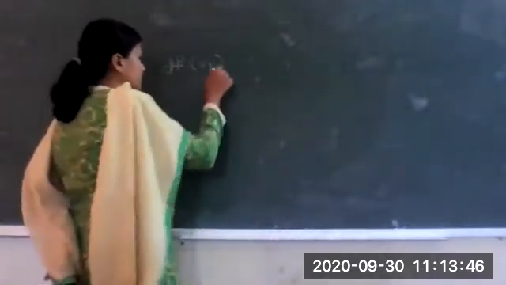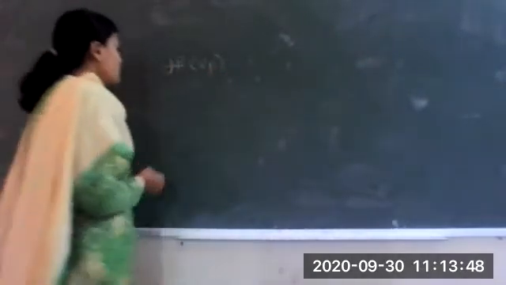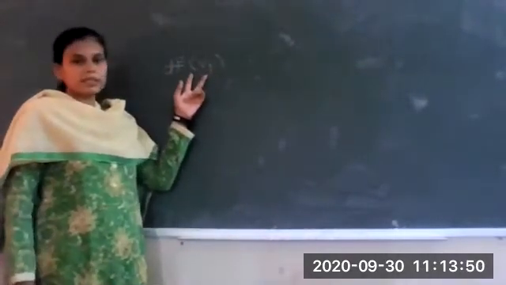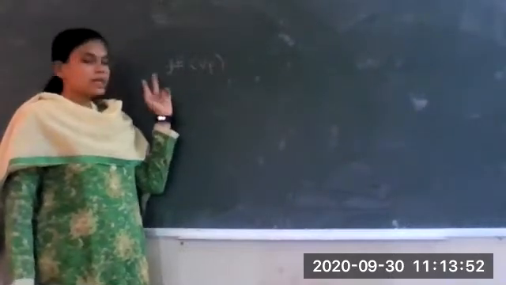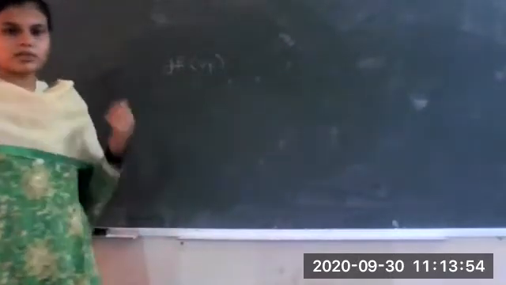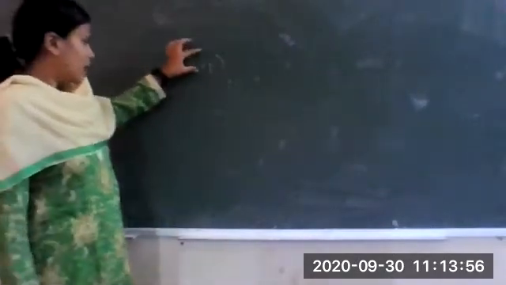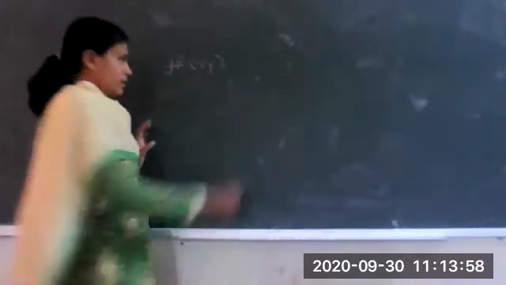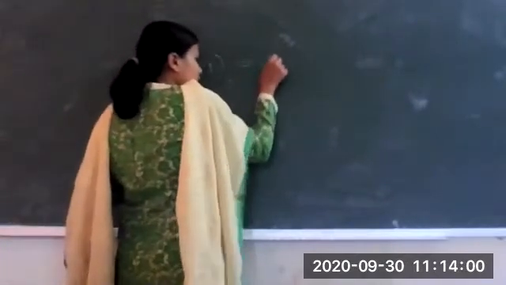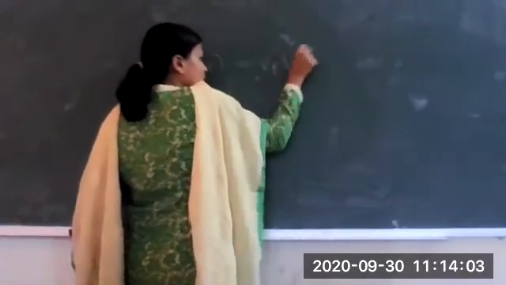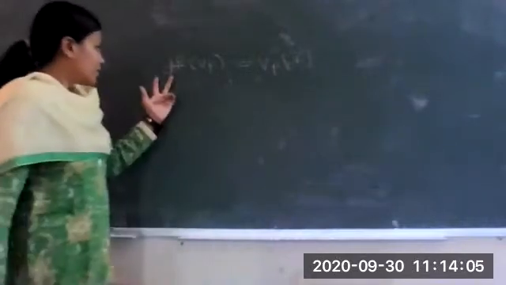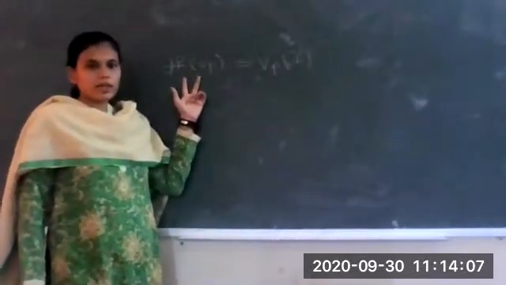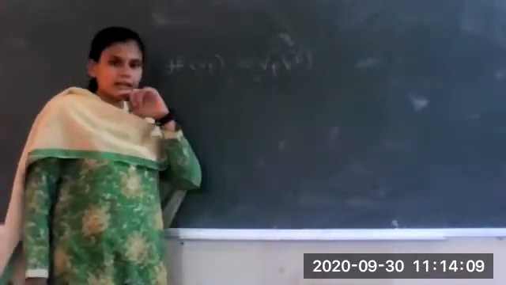What is Vp? Vp is a tangent vector, and df is a differential form. That means we have to find the derivative of a function f in the direction of a tangent vector Vp, which must be equal to the directional derivative. Why? Because we are finding the derivative of the function f in the direction of the tangent vector Vp. So this should be equal to the directional derivative.